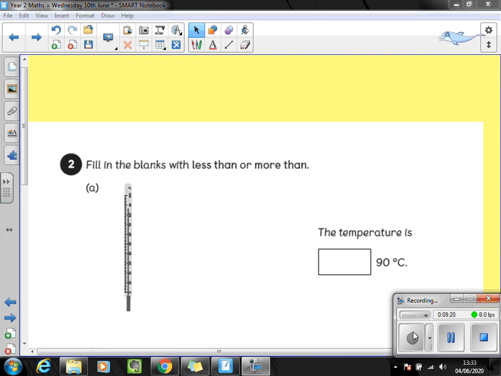Okay, question 2. We'd like you to fill in the blanks with either the phrase less than or more than. And again, I think you can just about see the scale on the picture. So for question 2a, is the temperature on that thermometer more than or less than 90 degrees Celsius?